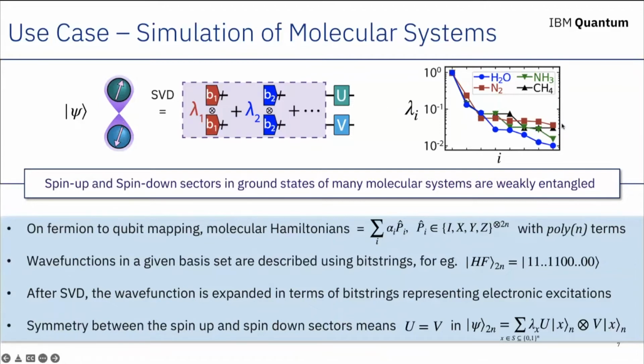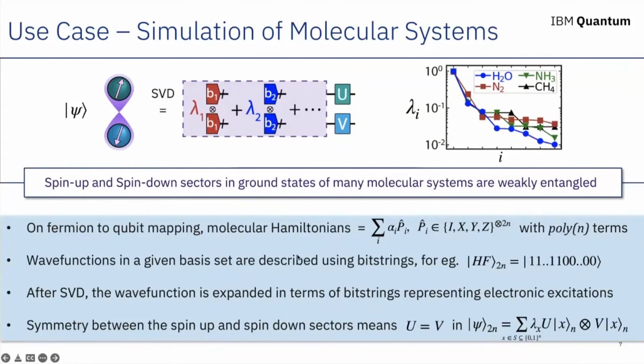And in general, at least for many molecular systems, you can calculate the singular value decomposition and find that the singular values decrease quite rapidly. That means only a few singular values are important if we divide the system along the spin up and the spin down sectors. And that's essentially the division that was used in the entanglement forging paper.